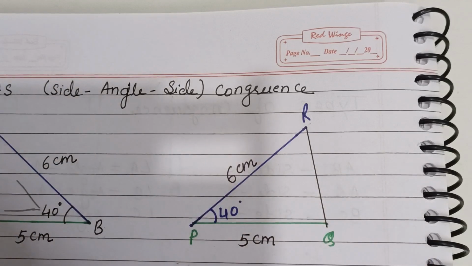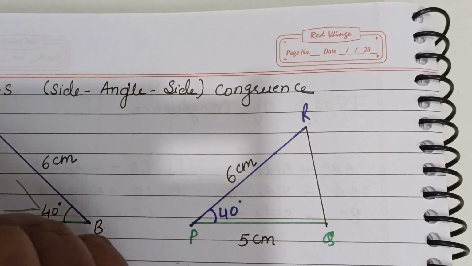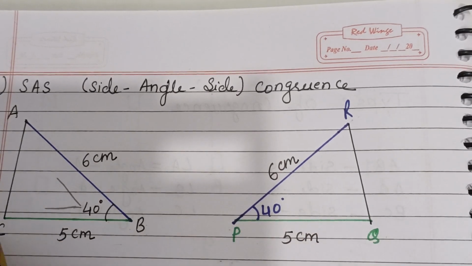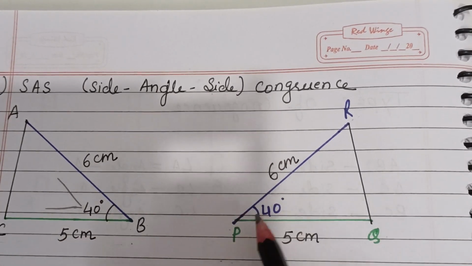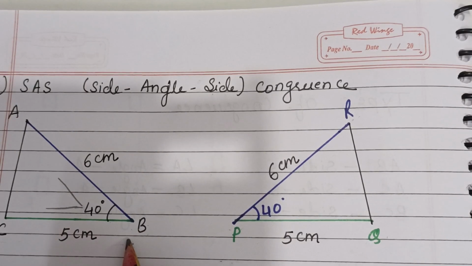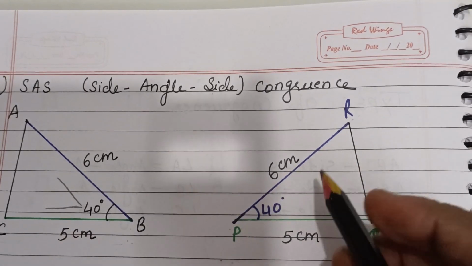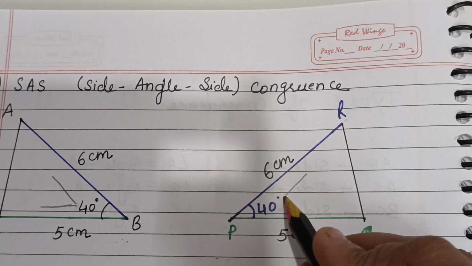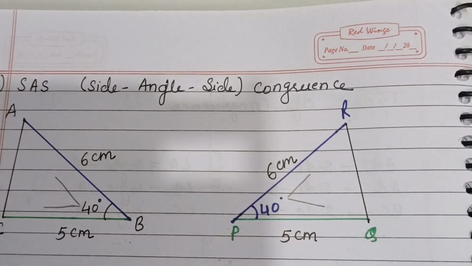In this also, side PR is equal to side AB, side PQ is equal to side BC, and angle P is equal to angle B. Here also the alphabet being made is V.